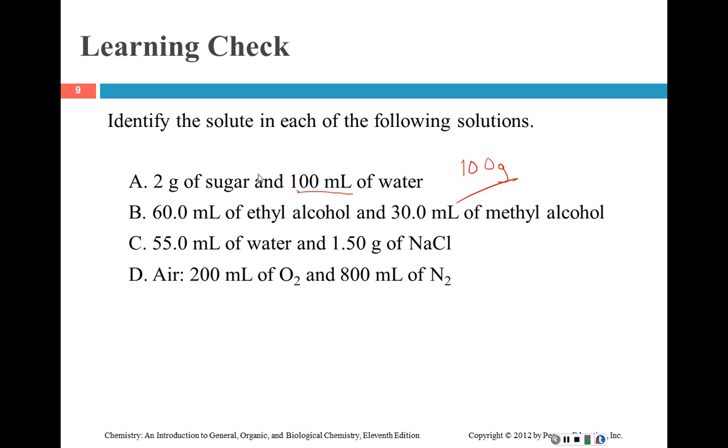So which one is the solute here? Should be the 2 grams of sugar. If you've got 60 milliliters of ethyl alcohol and 30 milliliters of methyl alcohol, which one is the solute? Well, it's the one that's the smallest, so it's going to be the 30. Okay, so again, you just kind of go through those and figure out which is which. Give you a minute.